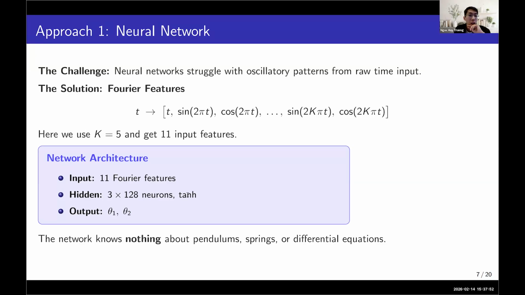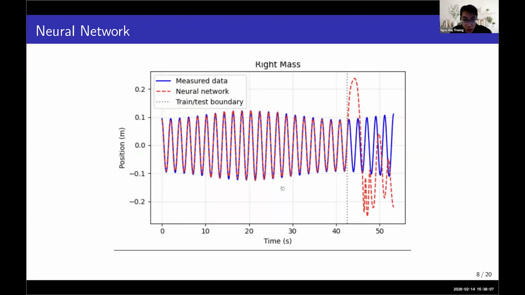And again, the neural network knows nothing about the system, the setup, or the equation. All we give it is the data, and we ask it to model it. And here is the result.